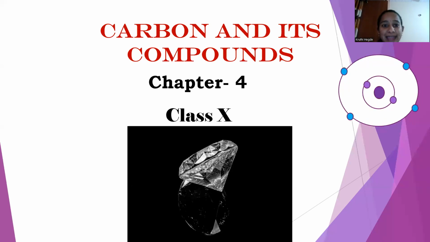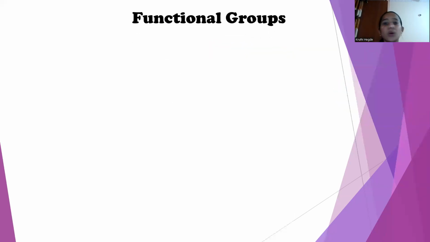Let's move to the next slide. So, what are these functional groups? We have discussed that carbon can form bonds with many atoms, not just hydrogen. It can form bonds with nitrogen, sulfur, chlorine, bromine, fluorine, oxygen, etc. So these atoms which can bond with carbon, replacing hydrogen, are called functional groups.